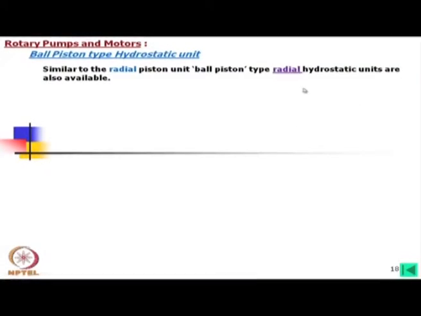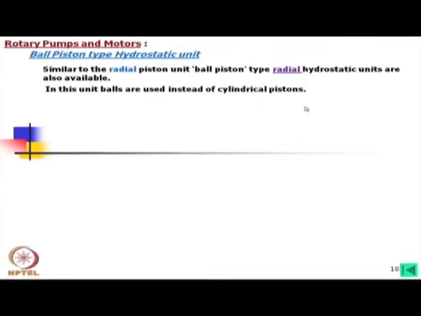But remember, with that you cannot go for very high eccentricity, only very small eccentricity, but instead of a piston, you can simply put a ball there. So, the ball piston pump at one time became very popular. The only disadvantage is that it has very poor leakage characteristics. But that is for the radial pistons.